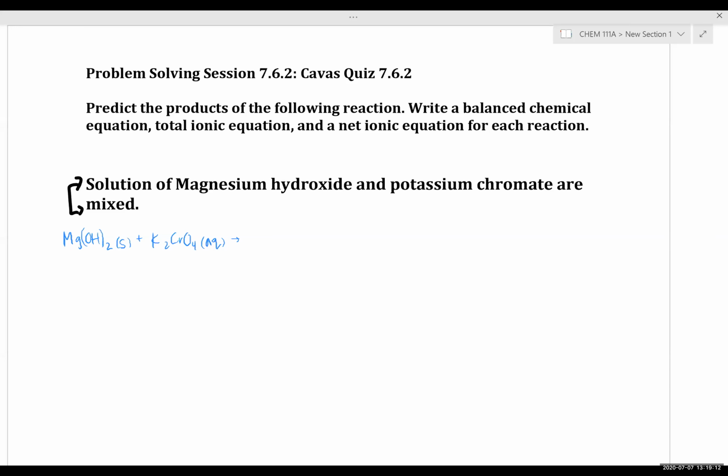So the precipitate is the product. Even if we start with a solid on one side, the precipitate is always on the product side. So try to see if we can generate a precipitate as a result of this reaction.